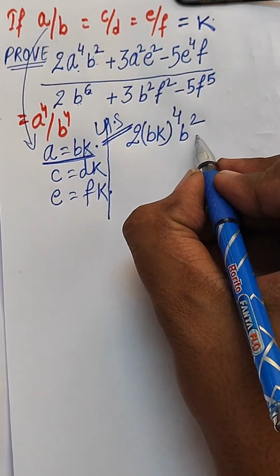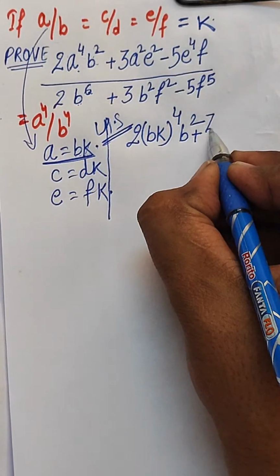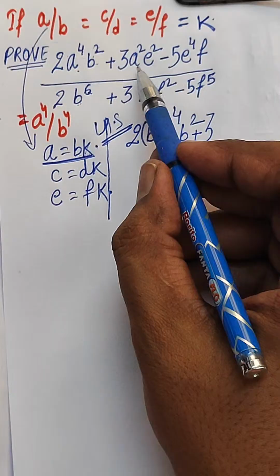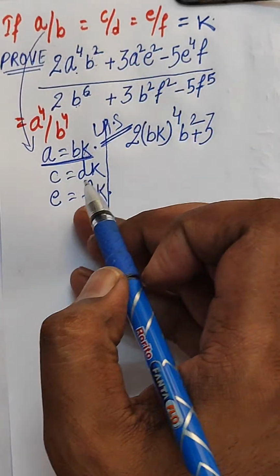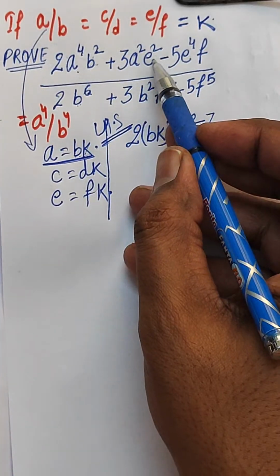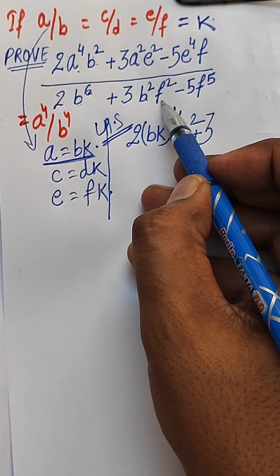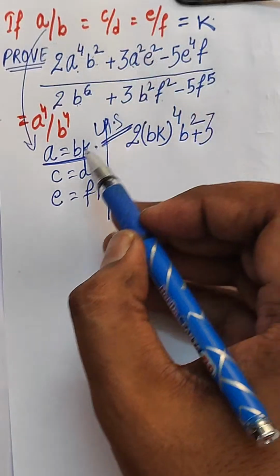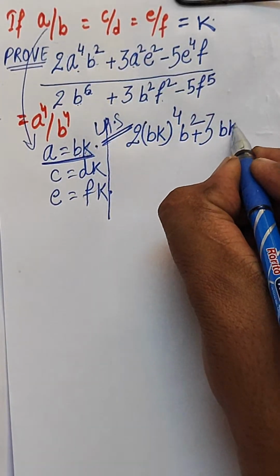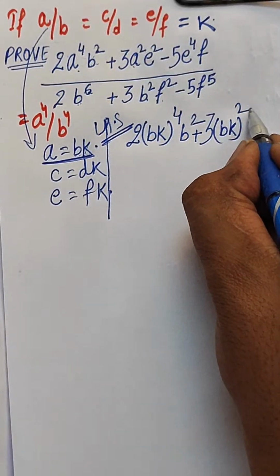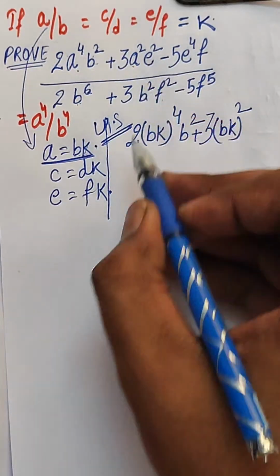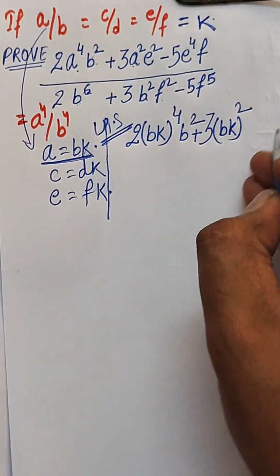After that, 3 times a^2 e^2. Now if a can be written in the form of b and e can be written in the form of f, then we can write a^2 as (bk)^2, instead of a we write bk whole square, and instead of e we will write fk.